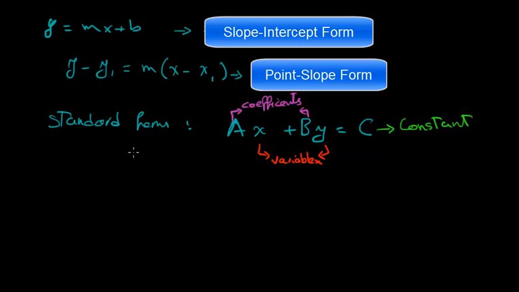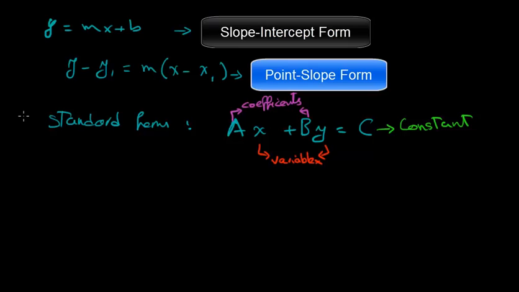Therefore, we create the left hand side, and then by plugging in the points that are given, we can find the c. In standard form, usually the slope and y-intercept are given to us, and we are asked to rewrite the standard form into slope-intercept form.